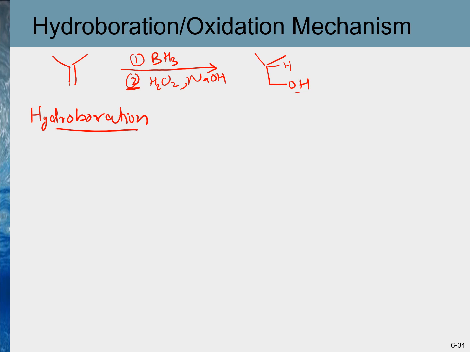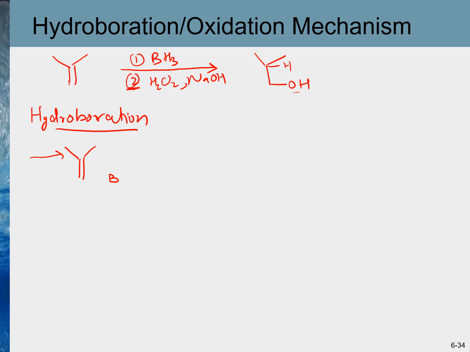So in hydroboration, alkenes react with borane. And as we saw earlier, because of the steric repulsion, the borane stays away from the more substituted part. So this side is the more substituted side.